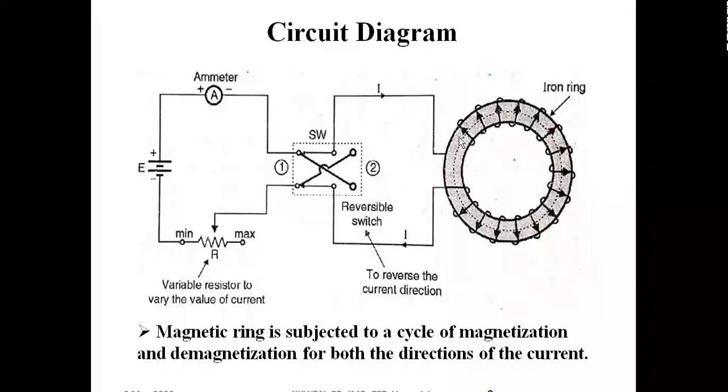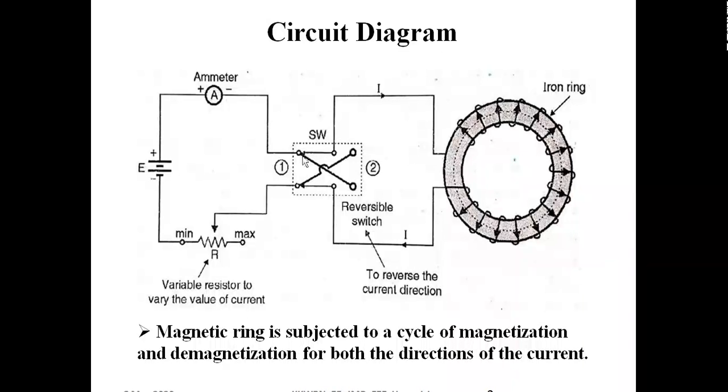This coil has two ends, which can be called start and end, and these two terminals are connected to a reversible switch. We require this to change the direction of current flowing through the coil wound on the iron ring. The direction of current shown we can call the forward direction.